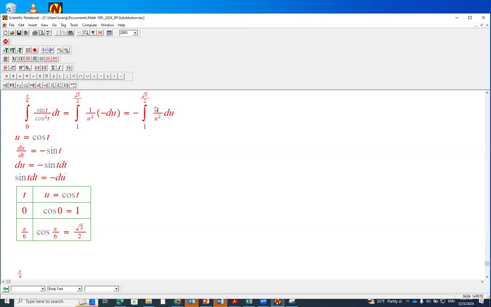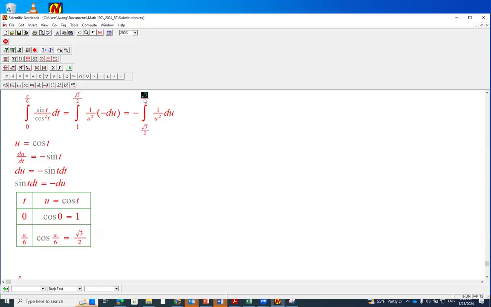But at the same time, you might notice that root 3 over 2 is actually smaller than 1. So if we switch these two limits, we switch them, right? It will generate another negative sign. So negative will make positive. So from this step to the next step, we have one negative sign.